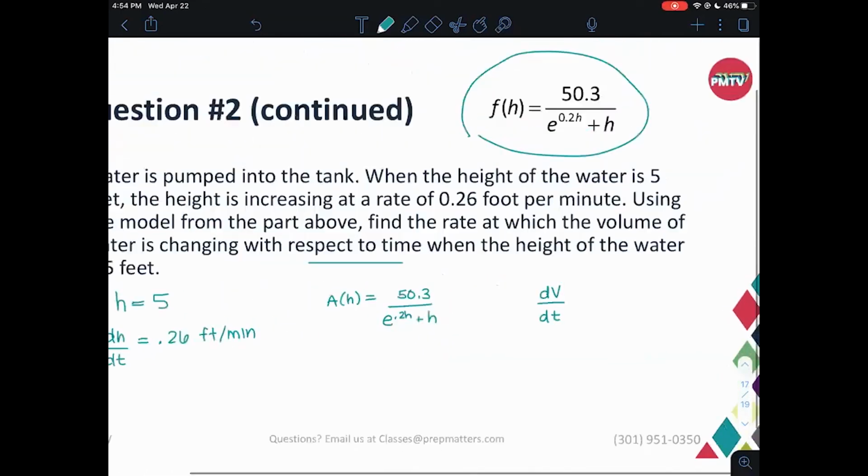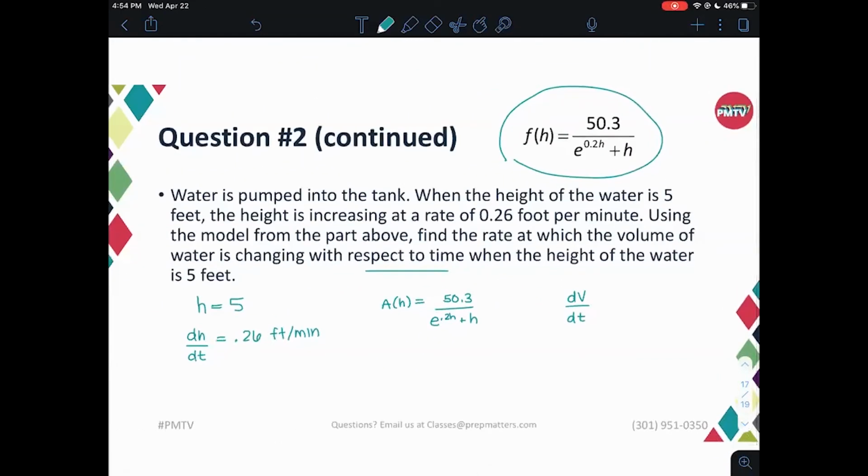All right, so here's the connection piece. We have all of this information. How in the world do we relate to that? How do we get from this known information about height to using area to find a rate of change of volume? And this comes from the information that we had in the question part above.